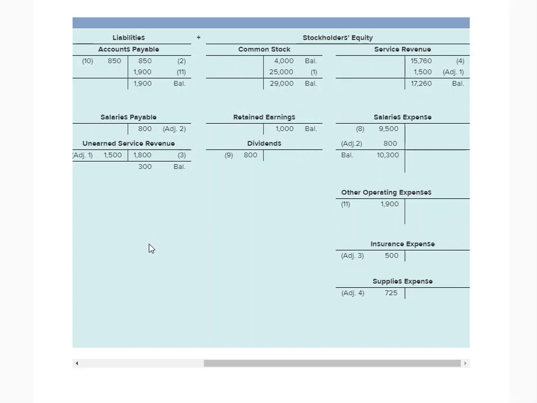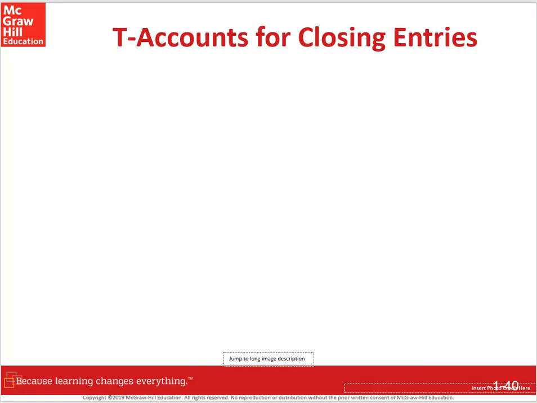And remember, the objective of closing out our books is to reset the temporary accounts to 0 and transfer those balances into retained earnings. So what we want to do here is take each and every temporary account. We'll start with service revenue. I won't go through every single one of them. I just want to show you an example. I'm going to jump back to the slide so I can draw a little bit. So we're going to draw a retained earnings account.